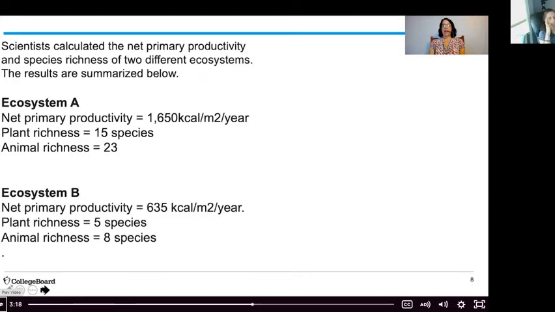So make some sort of statement that compares these two to what your prediction would be for their disturbance levels or what's going on with their productivity and their richness. On your whiteboards, just using A versus B.